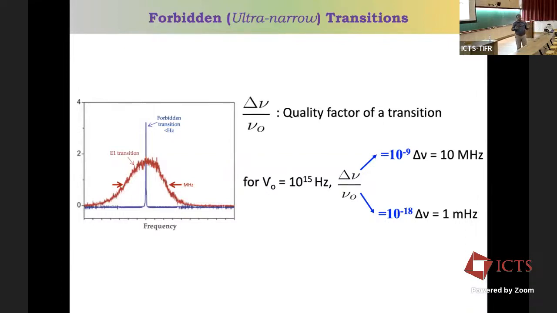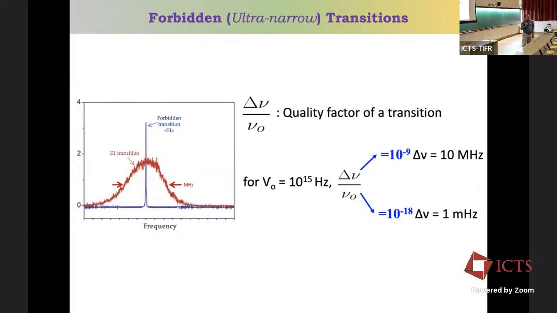But that doesn't mean that the higher order transitions are not allowed. Quantum mechanically, they are allowed. For electrons, these are electric quadrupole transitions, octupole transitions, magnetic dipole transitions, and so on. If you take an electric dipole transition, the line widths are quite broad, tens of megahertz.